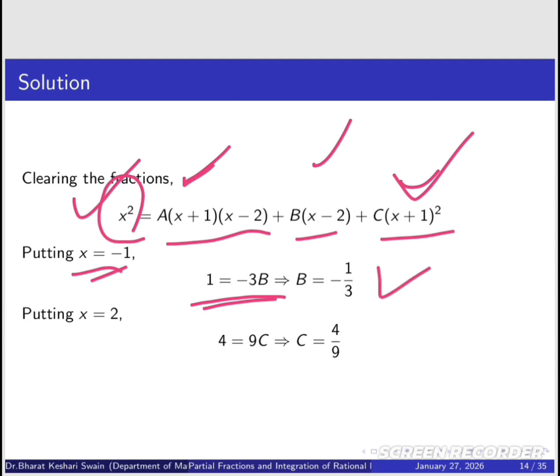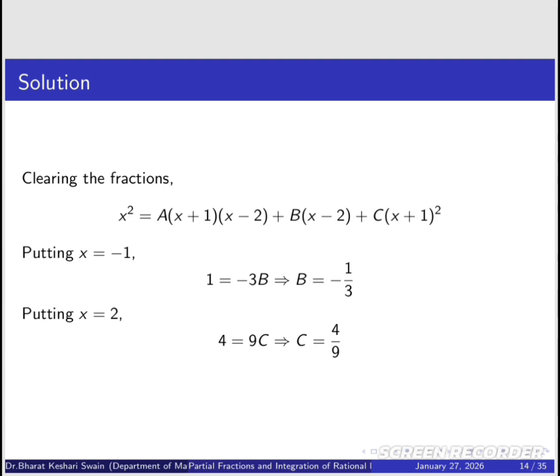Similarly, to find the value of c, put x equal to 2, because x minus 2 is here. If I put x equal to 2, this term and this term will be cancelled, only the third term where c is present will be there.